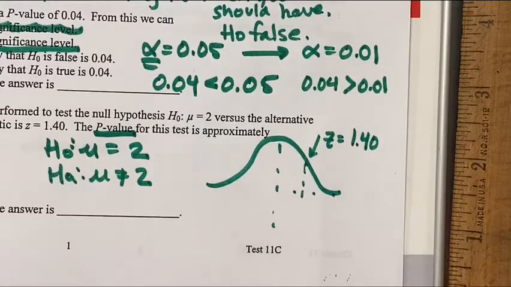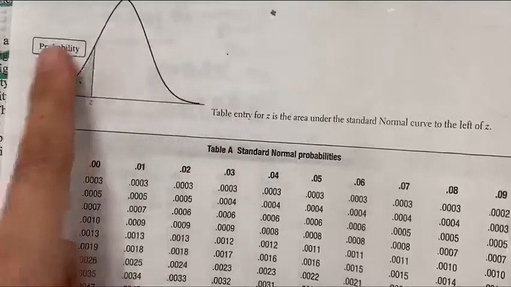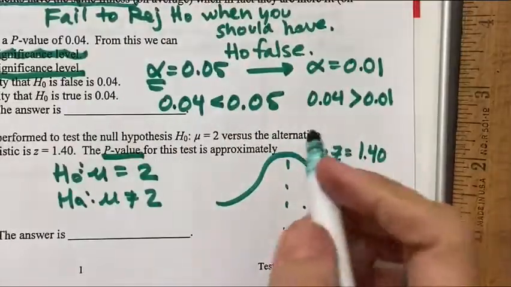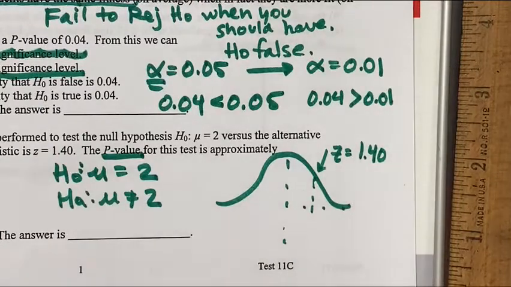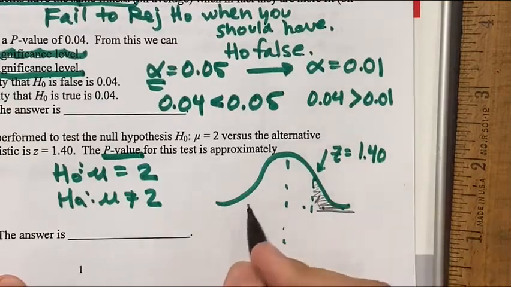So how does the calculator do this? This goes all the way back to chapter 2. What is the probability? What is the area under the curve? Well, we know this is symmetrical, so we can find the area here under the curve. It should be symmetrical to this side of the curve, right?